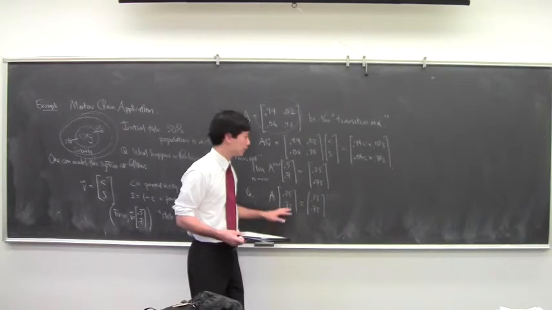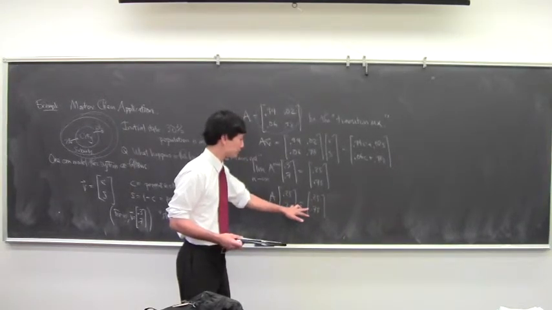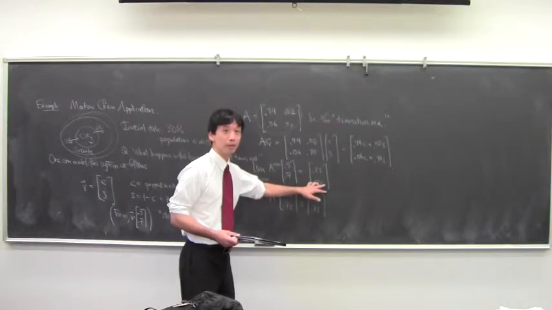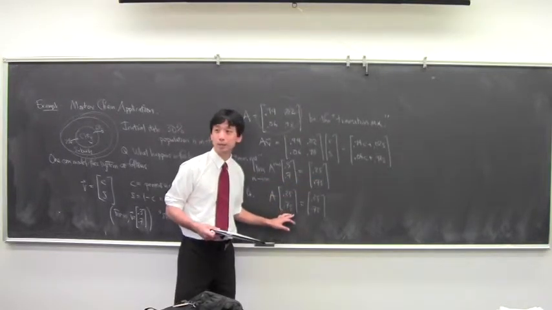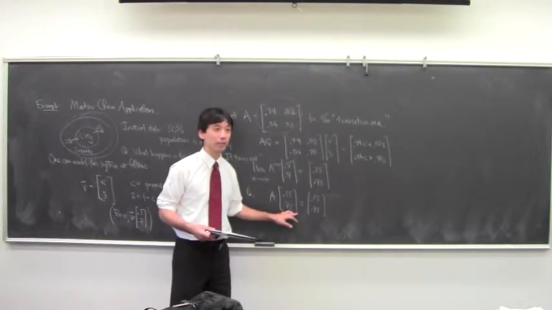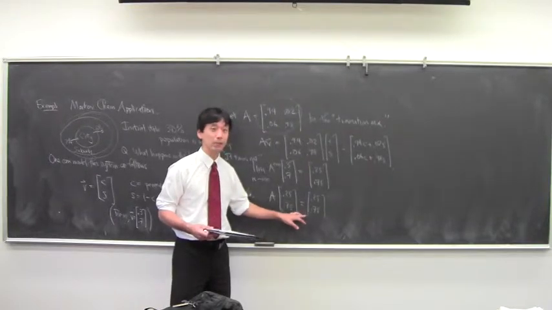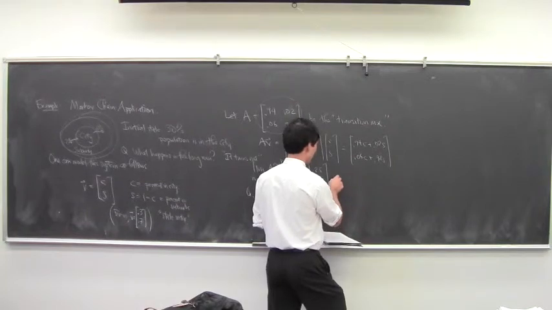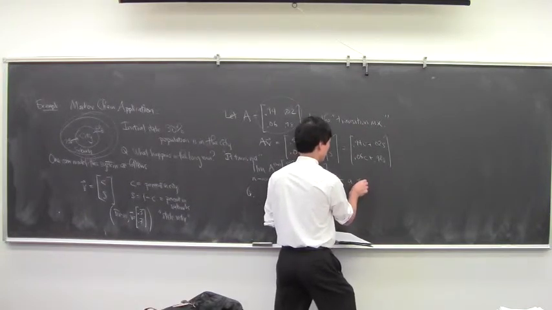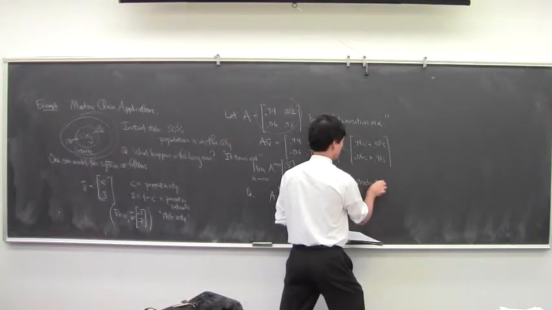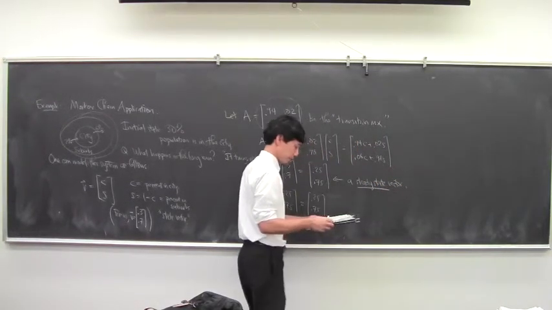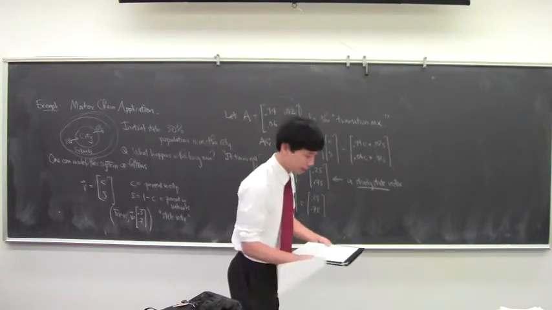So this vector is not affected by A. It's held stable. It's what's called a steady state vector.